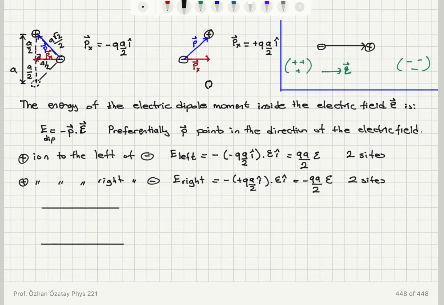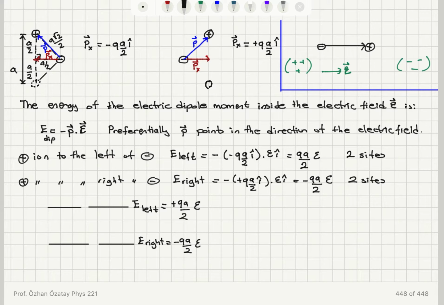Okay, so you can think of this as having two energy levels. The left energy level is the higher one, plus qa over 2 epsilon, and the right energy level is minus qa over 2 epsilon, and it has a degeneracy of 2 for both of them because there are two possible configurations.